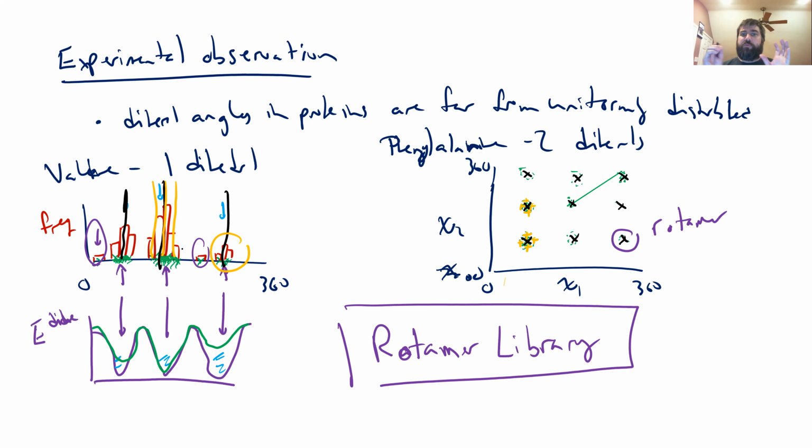We can do the same thing for design. We are going to say we want to find a solution that works with the commonly observed rotational states, rotamers. Yes, is it possible that you can make protein structures that have off-standard rotamers? Of course.